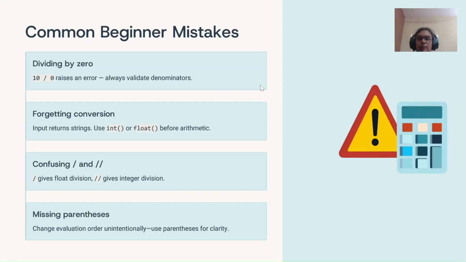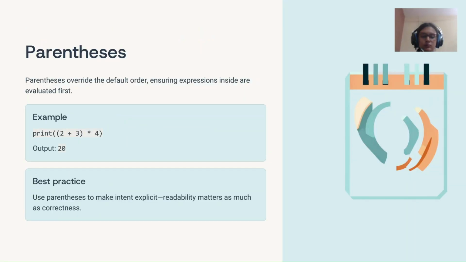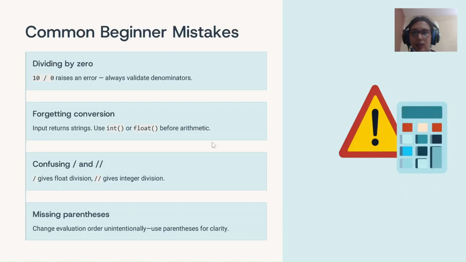Here are some common beginner mistakes. Division by 0. You can't divide by 0 in mathematics, and you cannot divide by 0 in Python as well.